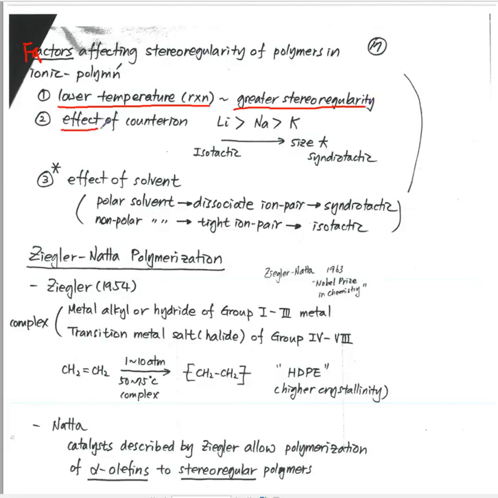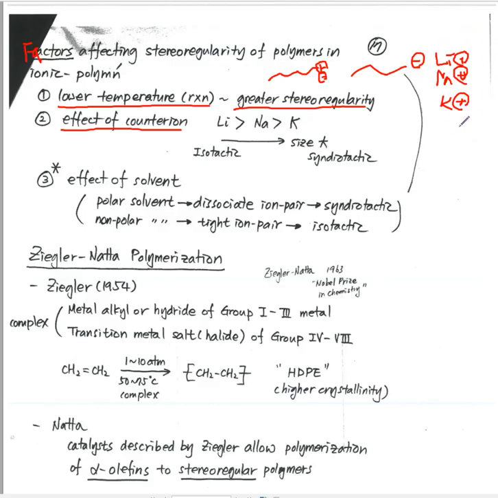There's also the effect of the counter-ion. We have polymer chains with some ions, positive or negative. Let's say that we have negative ions here.